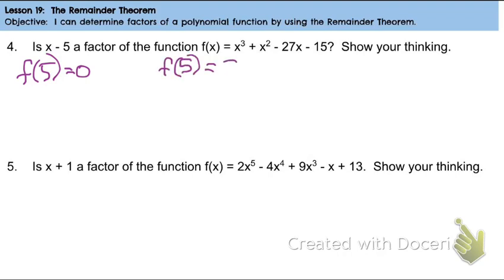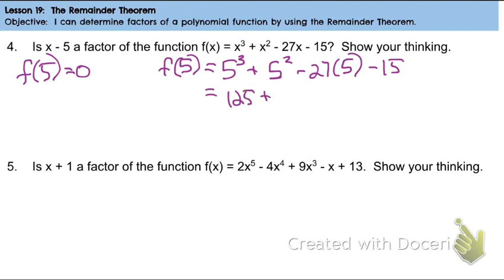f of 5 equals 5 cubed plus 5 squared minus 27 times 5 minus 15. So I get 125 plus 25, and then 27 times 5 is negative 135 minus 15.